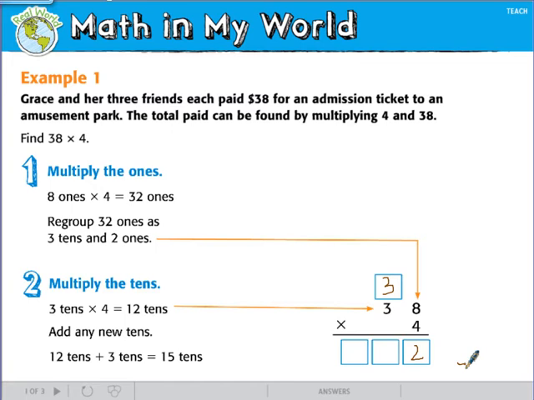Now we multiply the 3 tens times 4. The 3 tens times 4 is 12. When we add the 3, we get 15. So we have 152. All right? So far, so good?